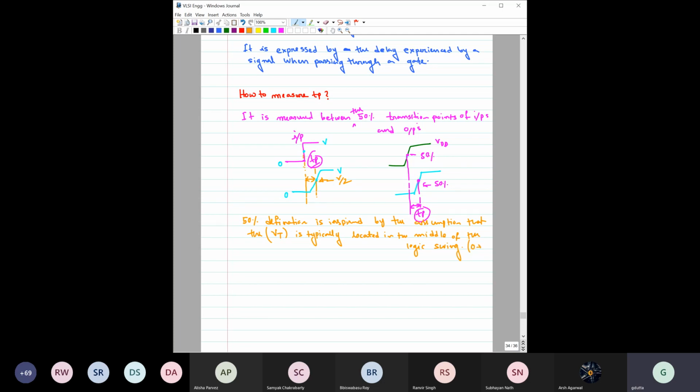Logic swing is 0 to VDD, right? So this is one important thing, you should understand why we are interested in taking it to be nearly from 50% to 50%, right? Okay.